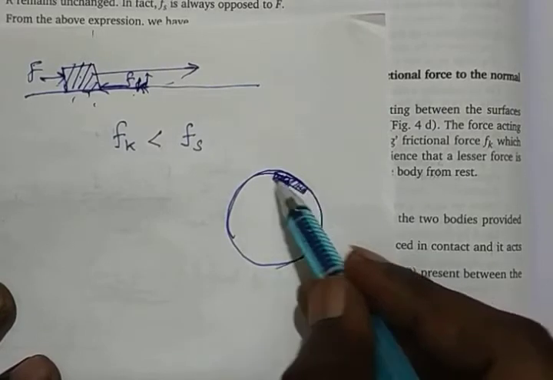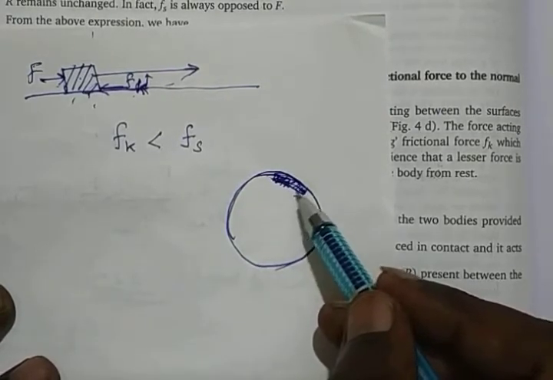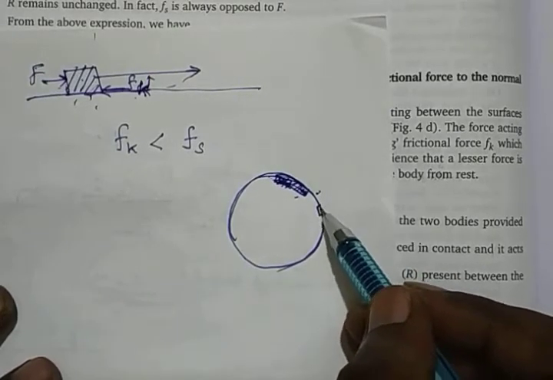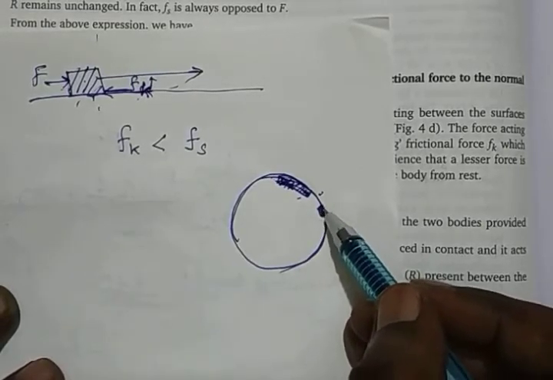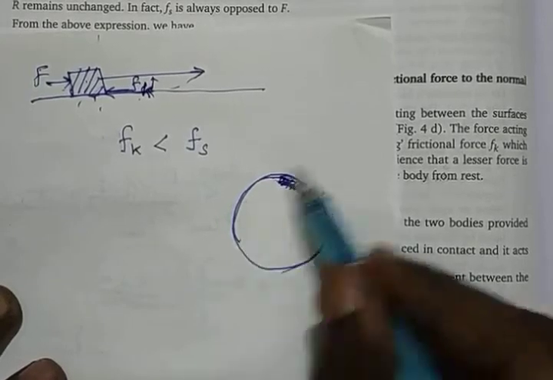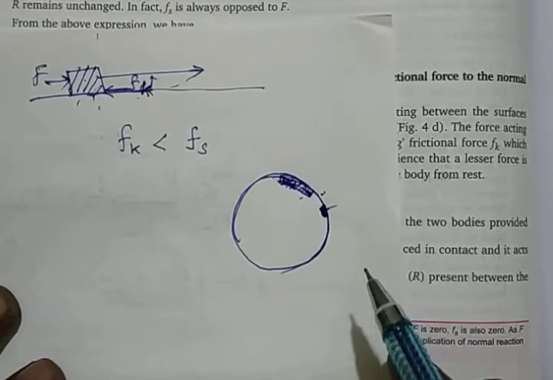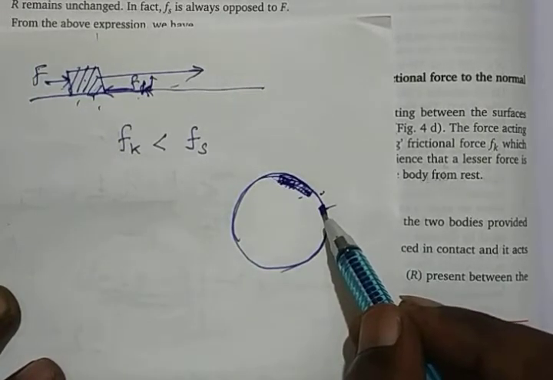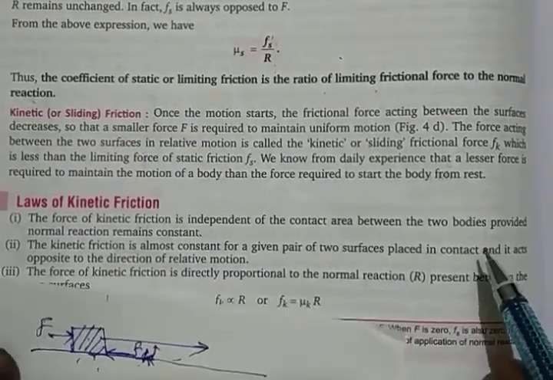Don't mistake that a big rubber padding brake shoe will stop the rim immediately. If you look at the big cycles, even mountain bikes and racing bikes, very tiny brake shoes are there when compared to the whole surface of the rim. So it is independent of the area. It doesn't depend upon the area of contact. For this one and the big one, the force will be the same, right?